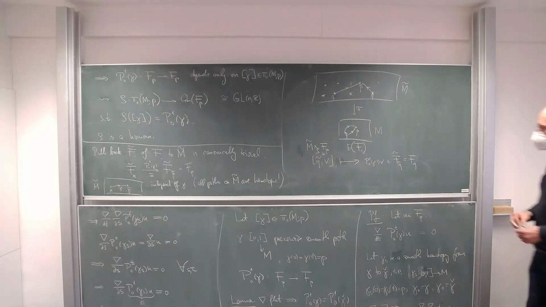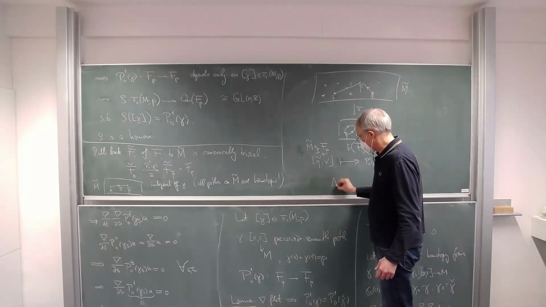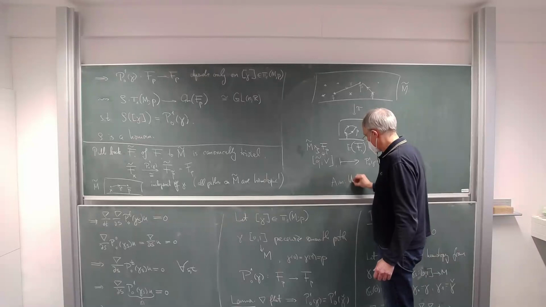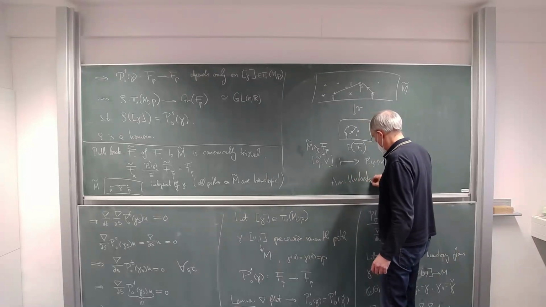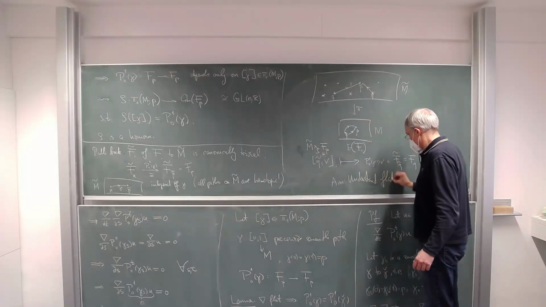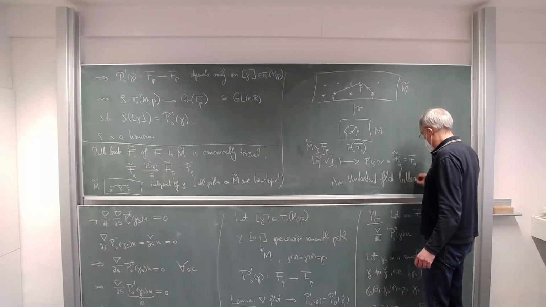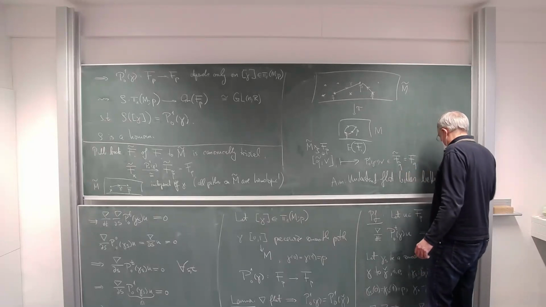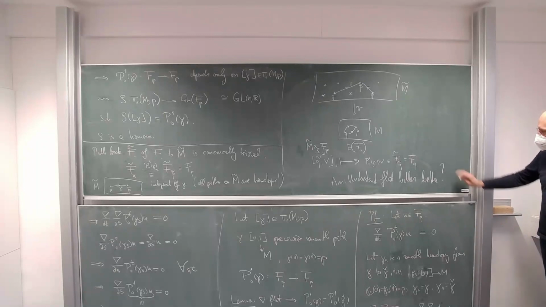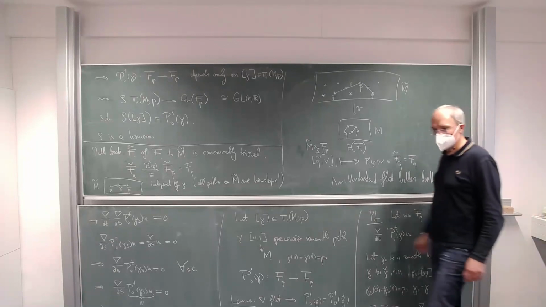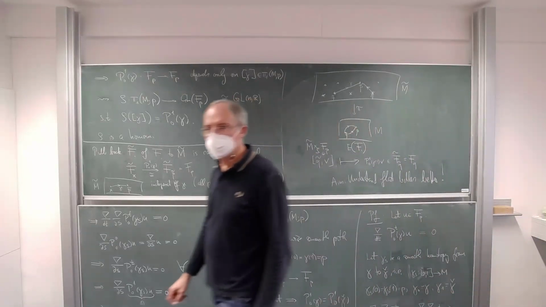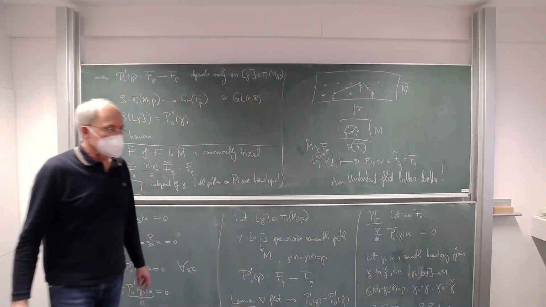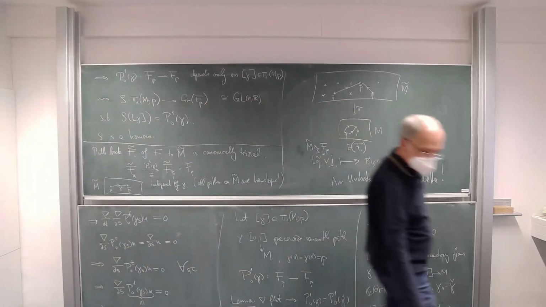So the aim is now to understand flat bundles a little bit better. And the question is, can characteristic classes be helpful in this? So we'll discuss this on Thursday. Thank you.